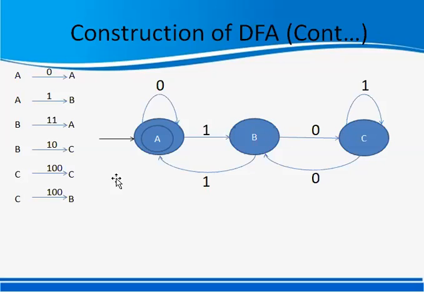So first we will focus on the left hand side. We will check one by one. So starting from the initial state A on input 0. Here I have written the binary number 0. When we convert it into decimal and divide by 3, it generates remainder as 0.